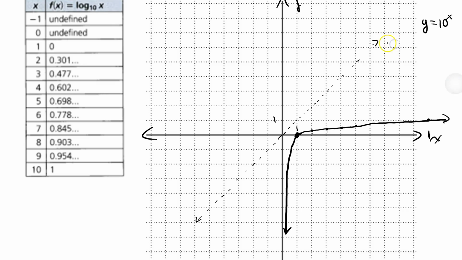Or y equals x. We can do it that way too. That's a little bit more standard. So when x equals 1, y equals 10. 1, 2, 3, 4, 5, 6, 7, 8, 9.